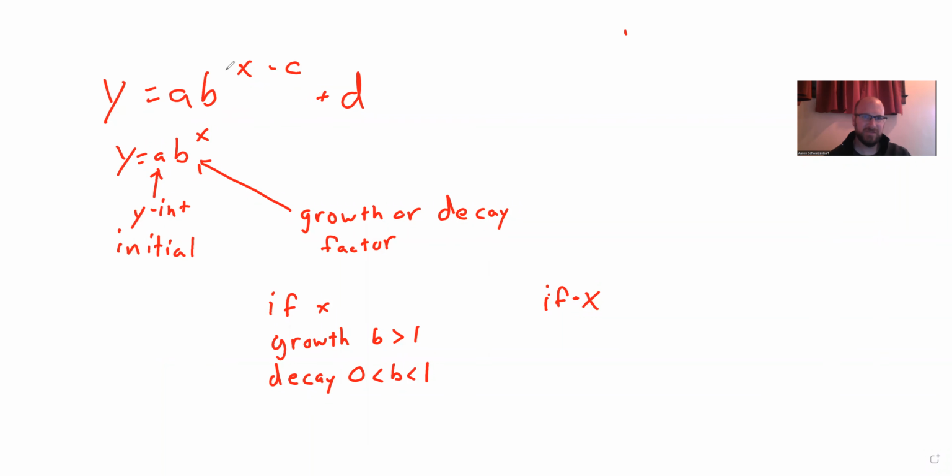The negative up here makes a reflection over the y-axis, and so this switches growth and decay. C is my horizontal shift, remember opposite sign, and D is my vertical shift.